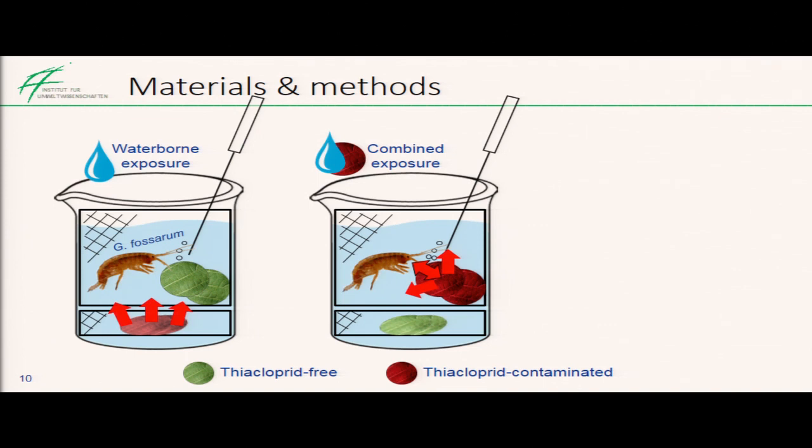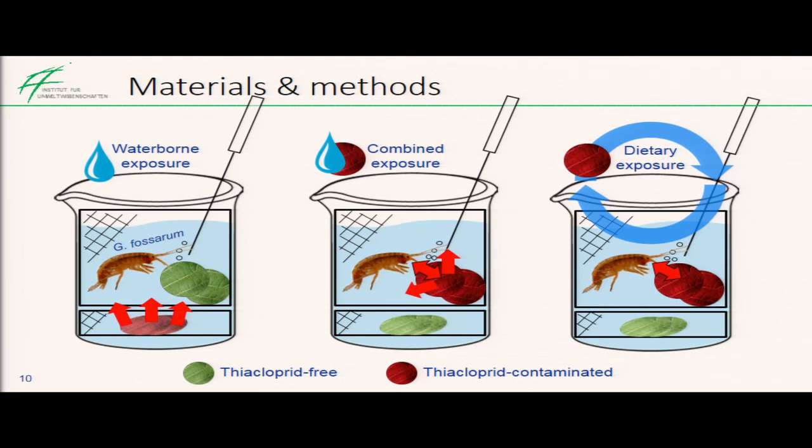Now the challenge was, how can we generate a system where they are only able to take up the contaminant via their food? I mean, the substances are leaching, irrespective whether you tell them don't, but they still do, right? So what have we done? We have used a flow-through system with an exchange rate of the beakers of roughly 40 volumes per day. So it's relatively large water volumes going through these systems.